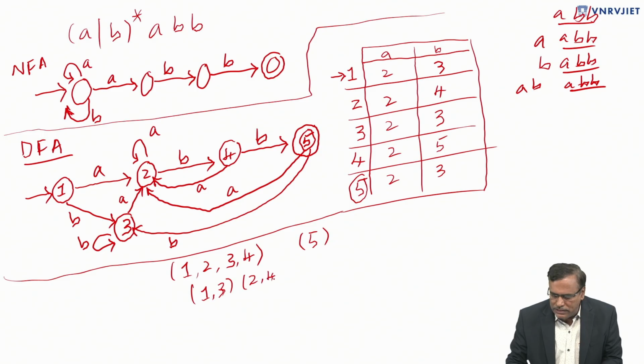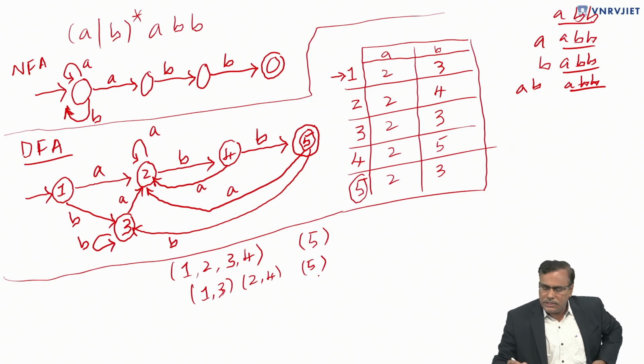I am going to take them as a separate group, and this group as it is. Coming to this, 1, 3 having the same entries in the table, I can replace 1 with 3 or 3 with 1.